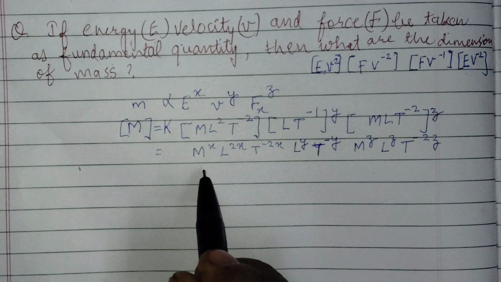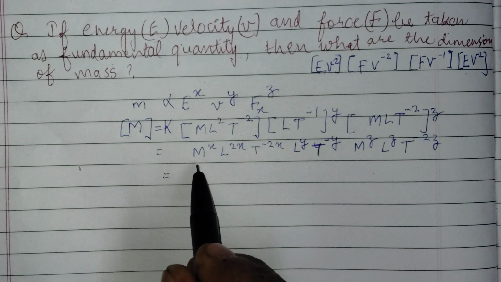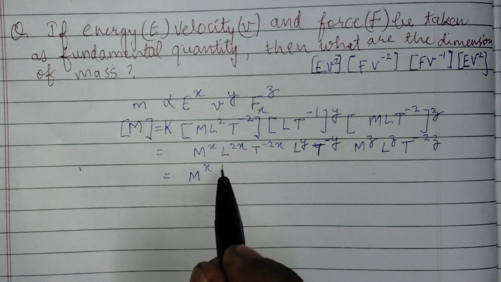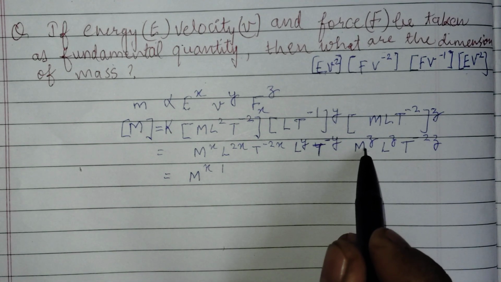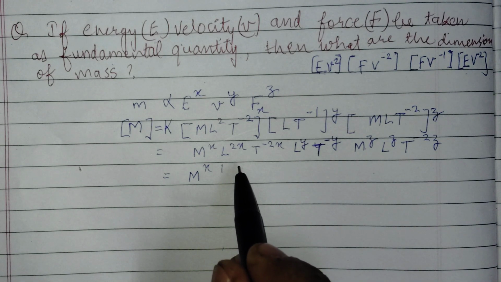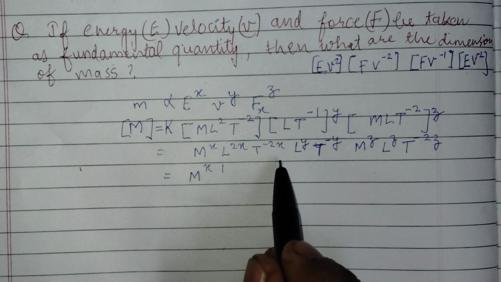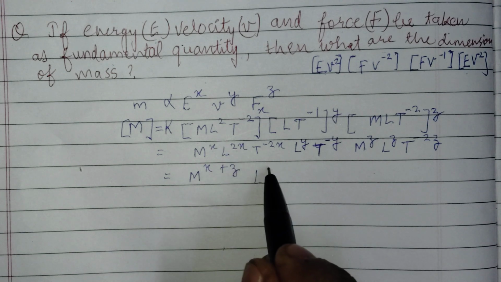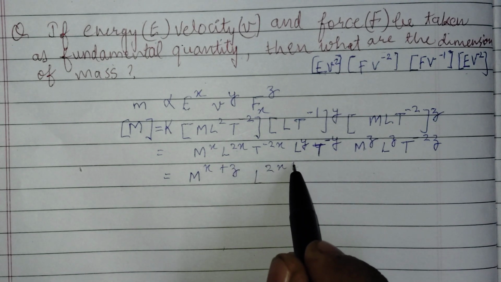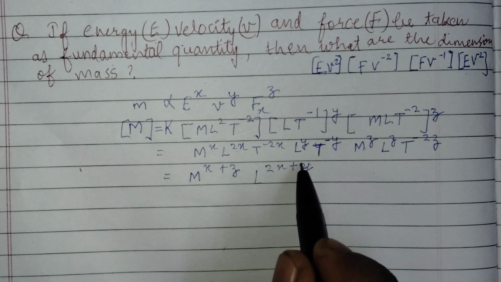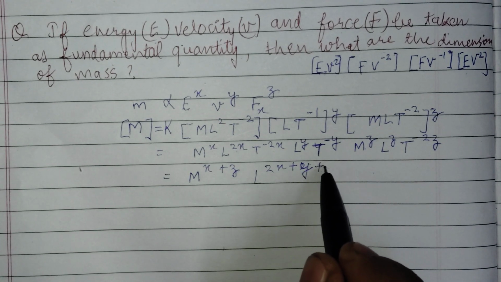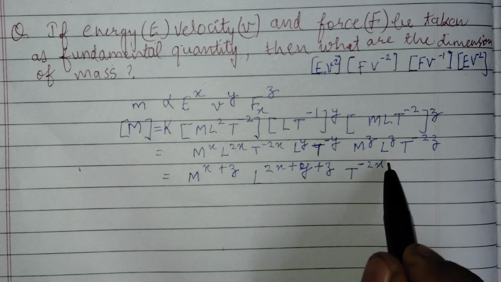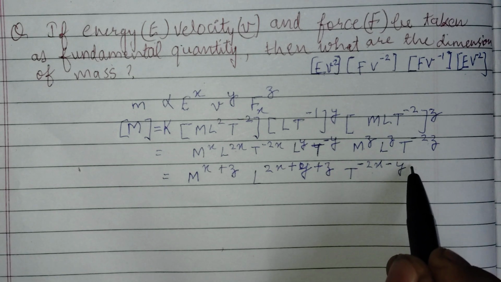Now we know the exponential law: when the base is the same and there is a multiply sign between, the powers are added. So M power becomes x plus z, L power becomes 2x plus y plus z, and T power is minus 2x minus y minus 2z.